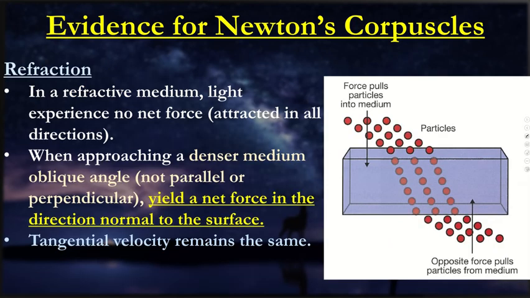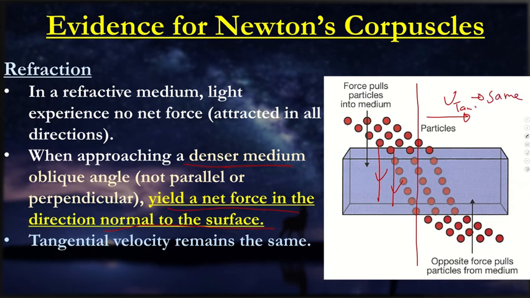And so he came up with the idea that when light approaches a denser medium, the net force is pulling it towards the normal of the surface. So if this is my normal line, the force is pulling this thing down, hence why it bends through the line. Now his idea was that the tangential velocity, this tangent velocity here, is the same.